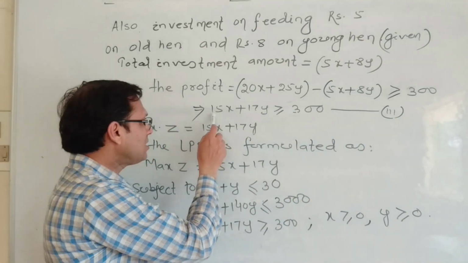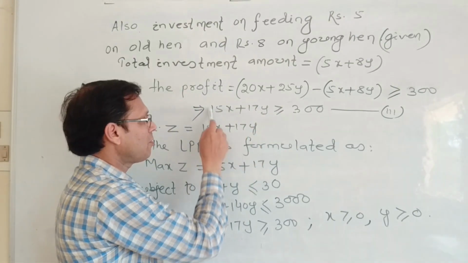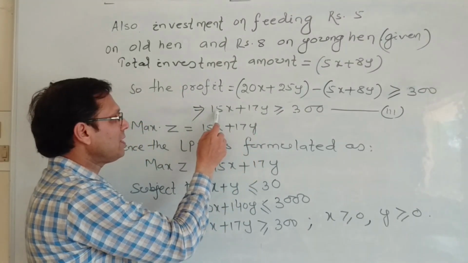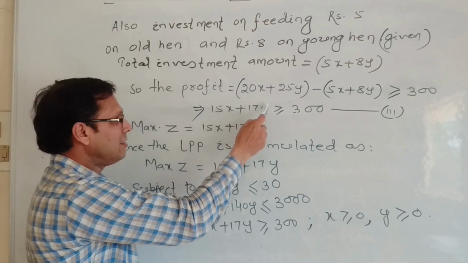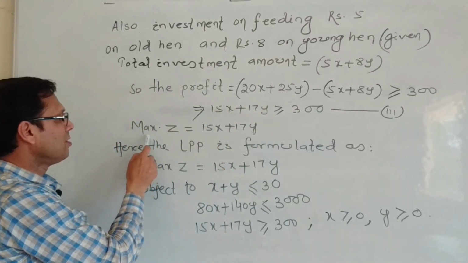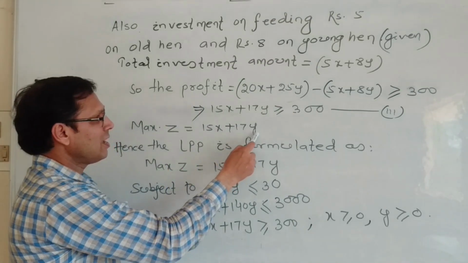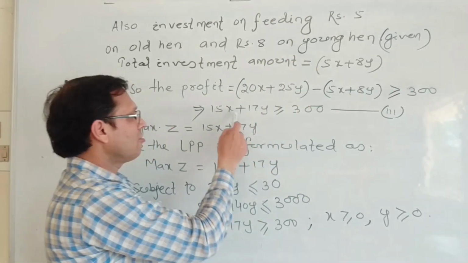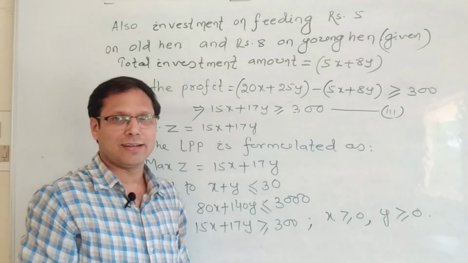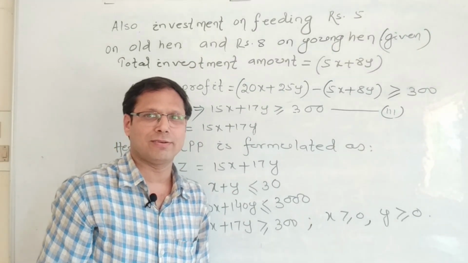Also this profit amount is equal to how much? 15x plus 17y. This profit amount should be maximum. So maximum z is equal to 15x plus 17y. This is the objective function and 3 constraints are there. Non-negative restriction is x greater than equal to 0, y greater than equal to 0.